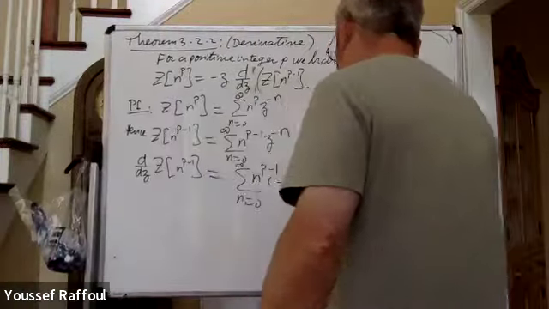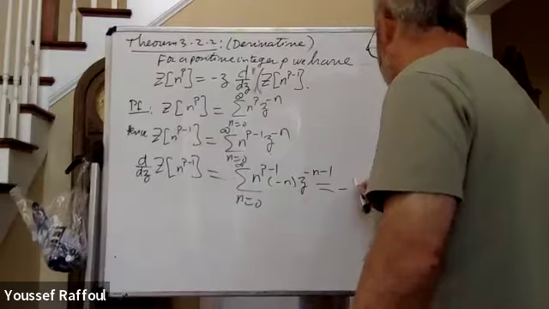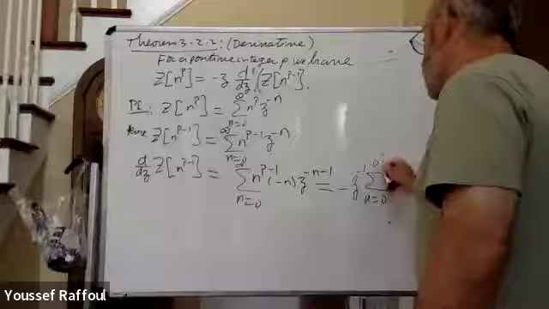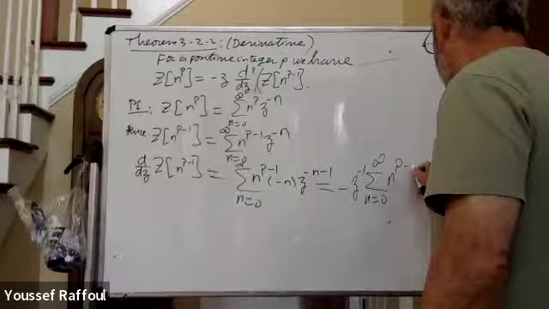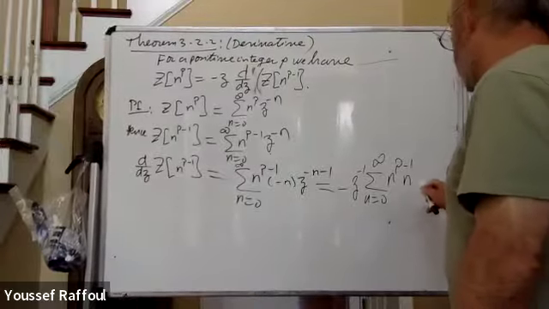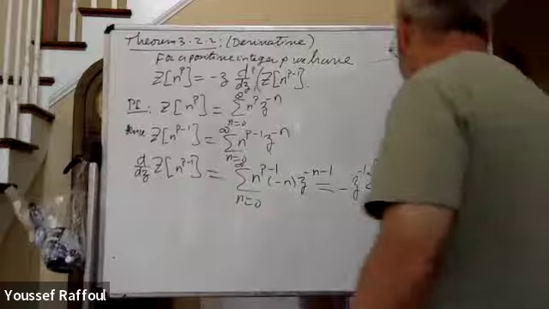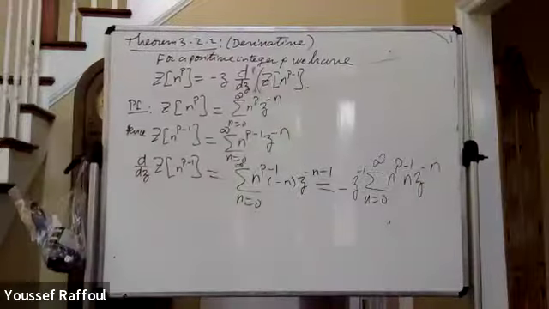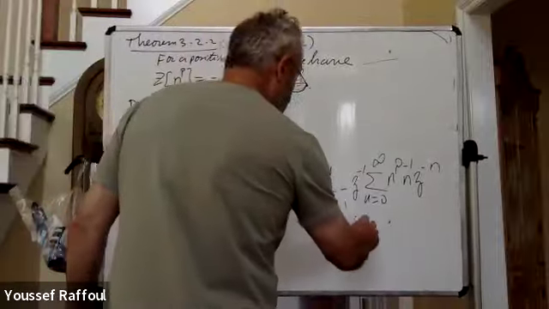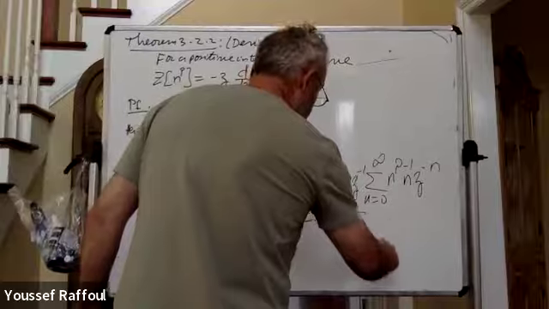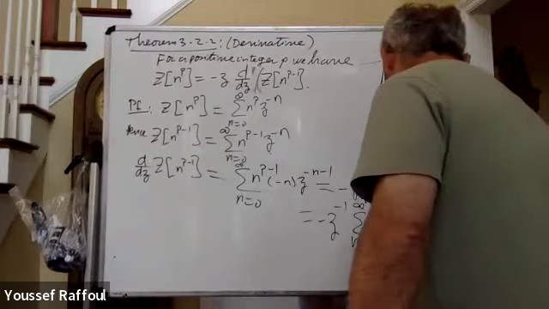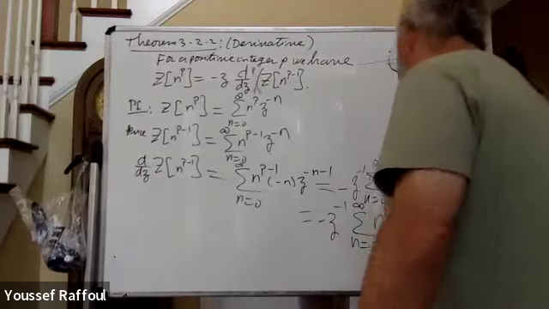I am going to pull out minus z^(-1), and that is minus z^(-1) times the sum of n^p z^(-n).